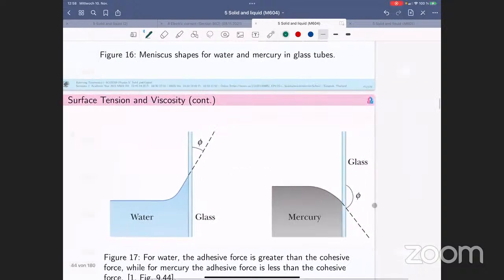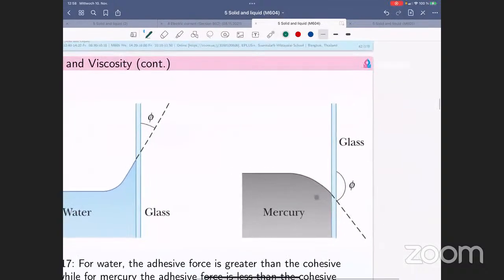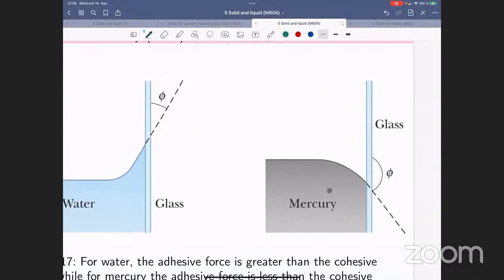In this case, the cohesive force among several molecules of mercury is stronger, so they try to stay together. They don't want to be attached to the glass. The adhesive force between glass and mercury is lower than the cohesive force among several molecules of mercury. So that's why we see this effect.